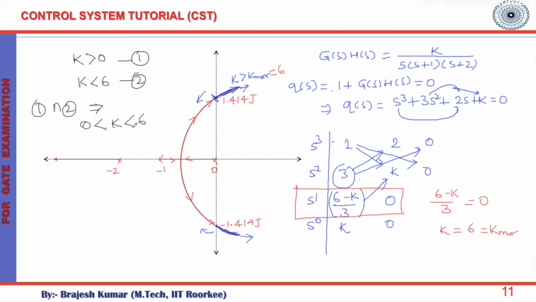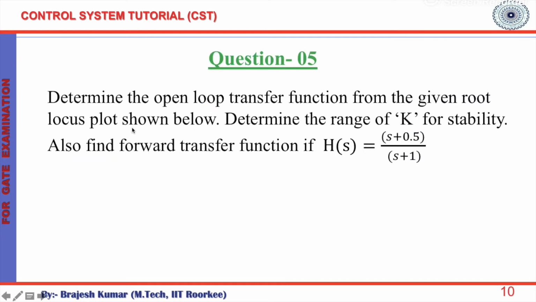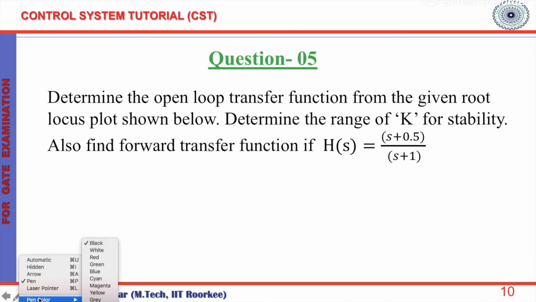What about the second part? The second part says to find the forward path transfer function if H(s) is equal to that much. Okay, so G(s)H(s) will be equal to what? G(s)H(s) we have is K divided by s into s plus 1 into s plus 2, right?